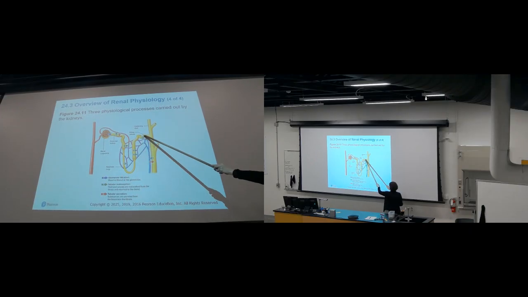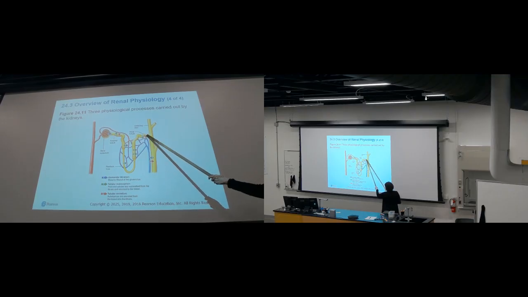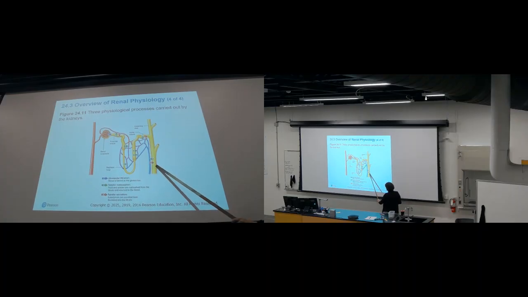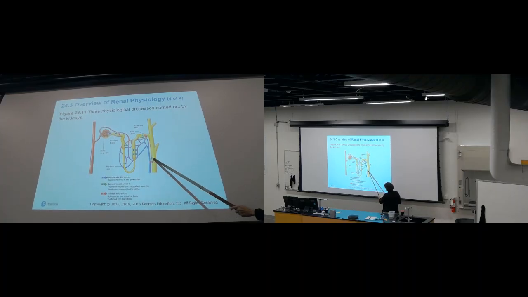Anything in the PCT, the loop of Henle, or the DCT is called tubular fluid. Once the distal tubule drains its fluid into the collecting duct, then you call it urine. And from the urine, you still can reabsorb items to go into the blood, and you can still secrete items. You can secrete hydrogen ions if you have them in excess, and you can reabsorb water if it's needed.